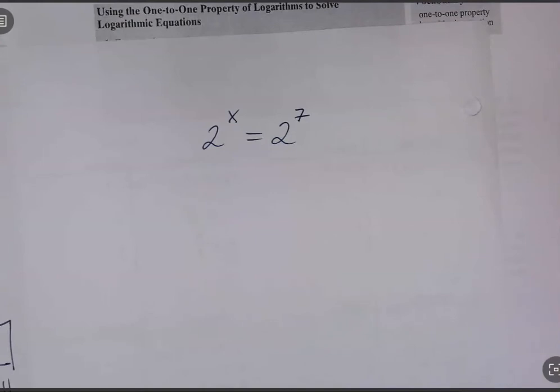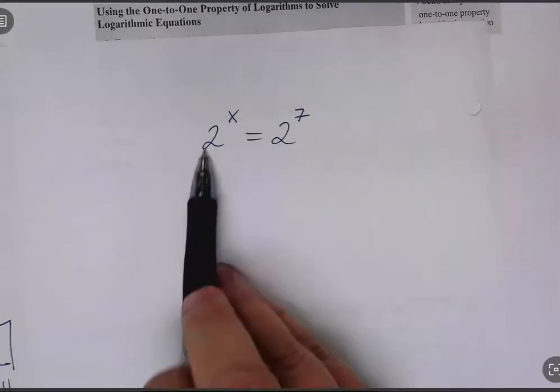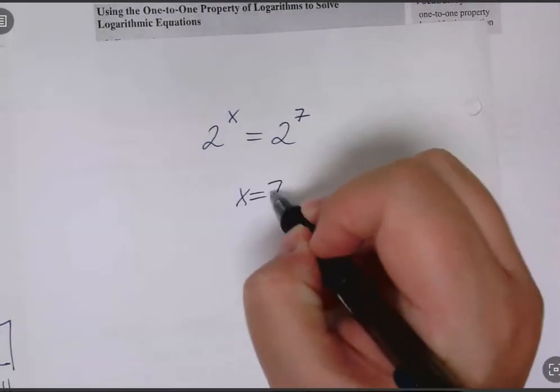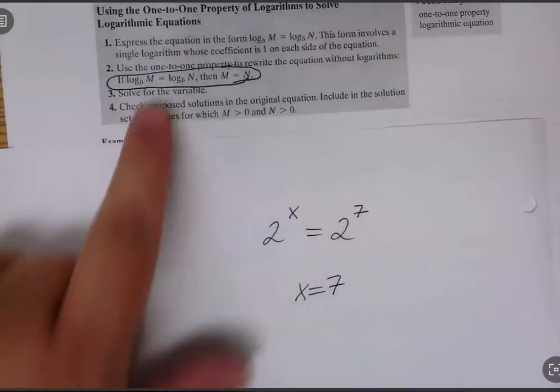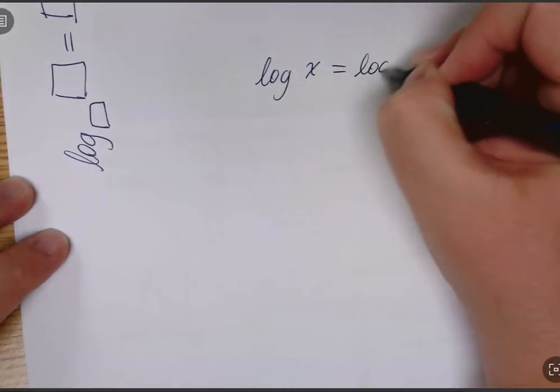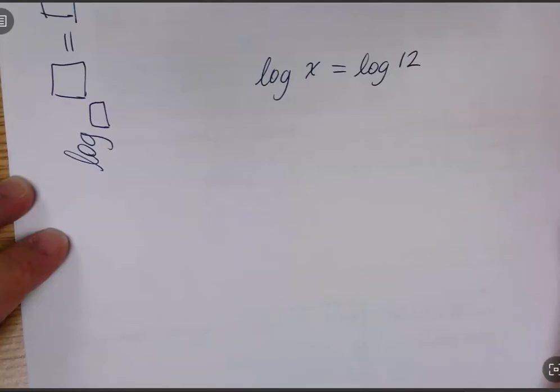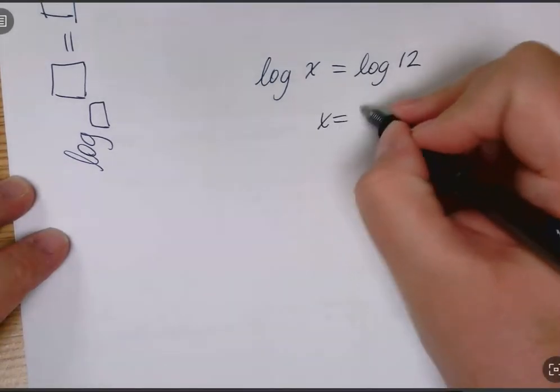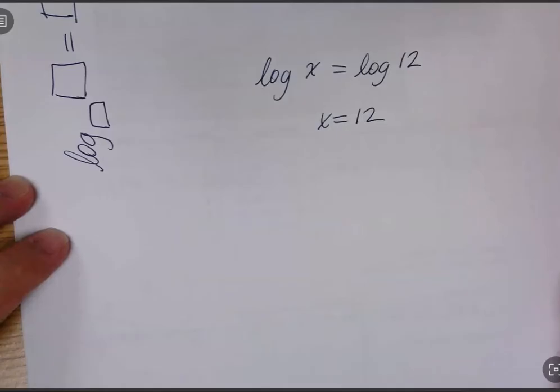Sometimes students like to say you're canceling the 2's. You're not really canceling them. You're just observing that if this is true, then this has to be true. And the same thing goes here. If log base 10 of x equals log base 10 of 12, then x has to be 12. It's usually not going to look quite that simple, but that's the idea.